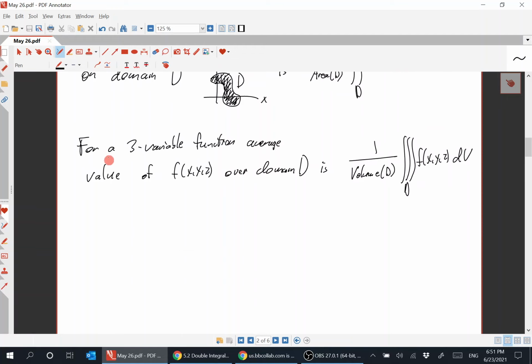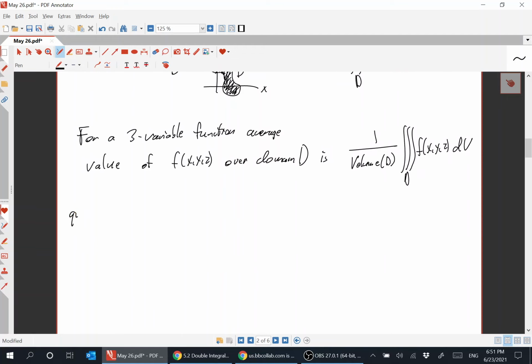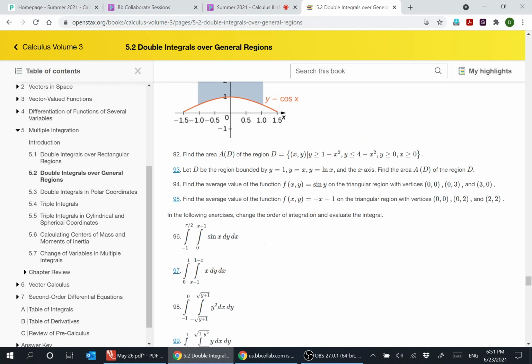So in number 94, so this is section 5.2, number 94, find the average value of f of x, y equal to sine y on this triangular region with vertices (0, 0), (0, 3), (3, 0).